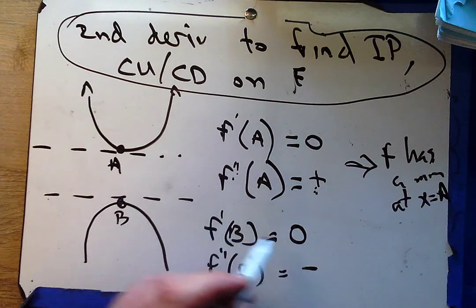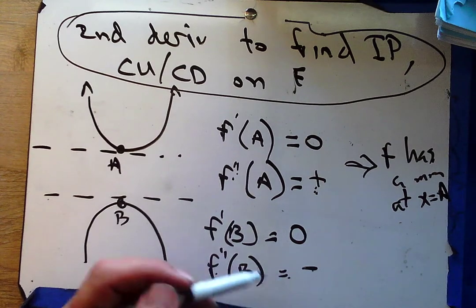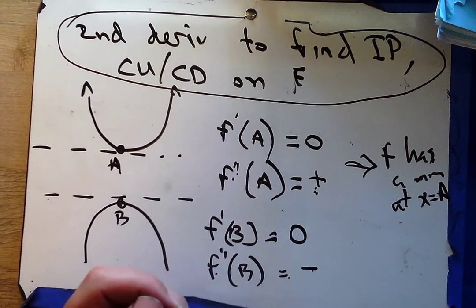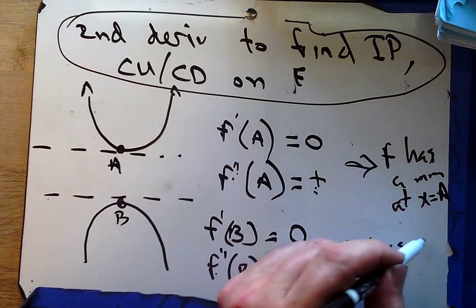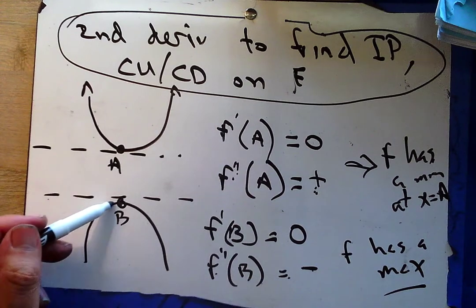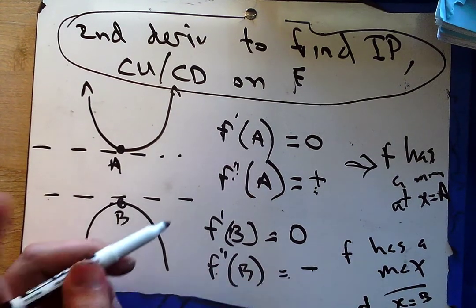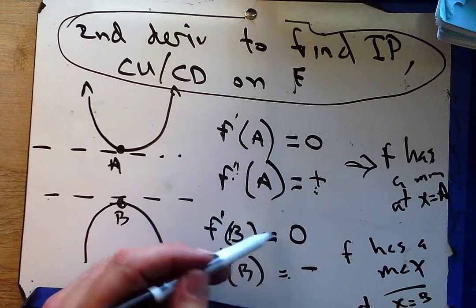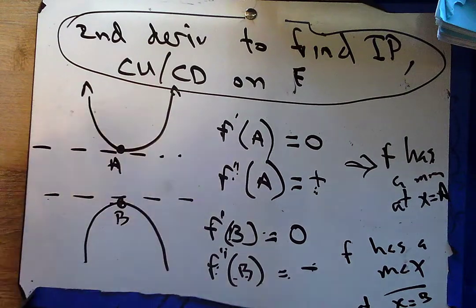If I know that f prime is 0 and at that same point f double prime is negative, then I know that f has a max. F has a max at b because f prime of b is 0 and f double prime of b is negative. In fact, that would be my justification.